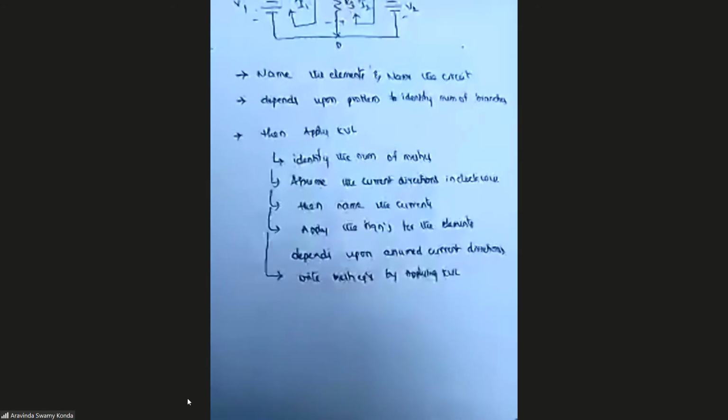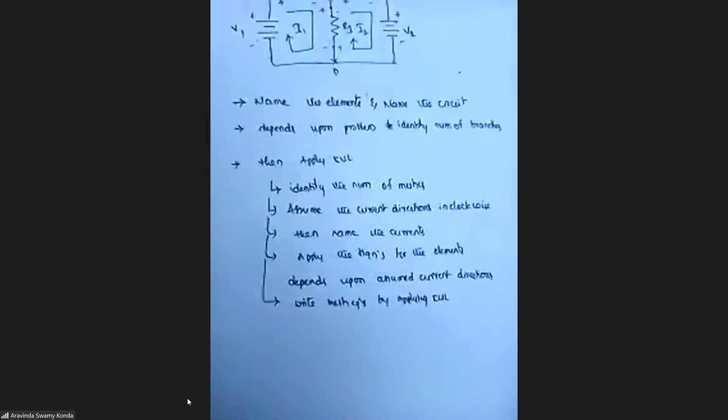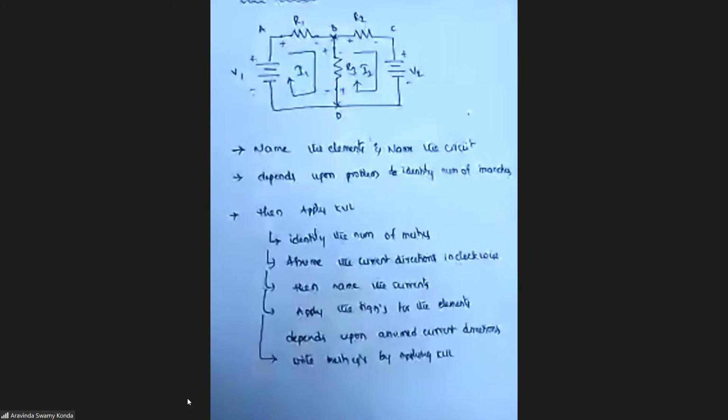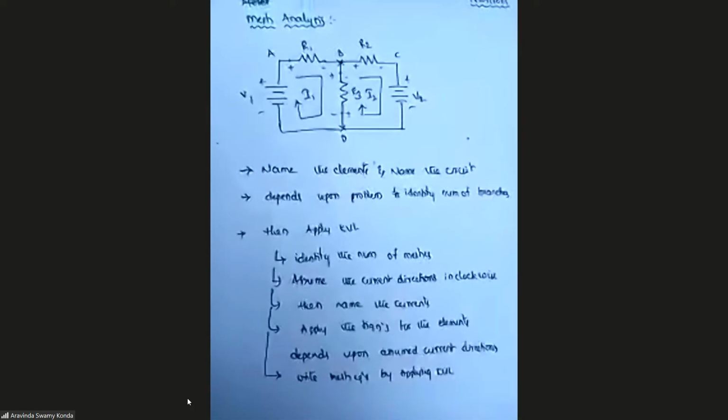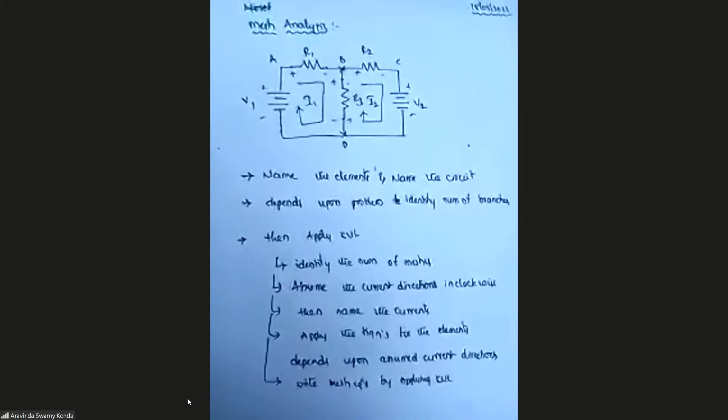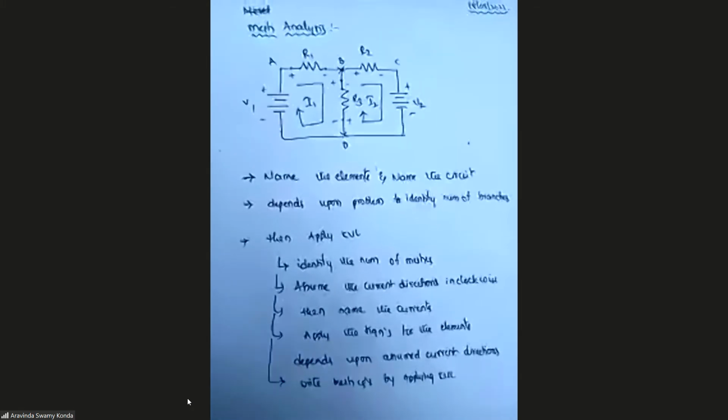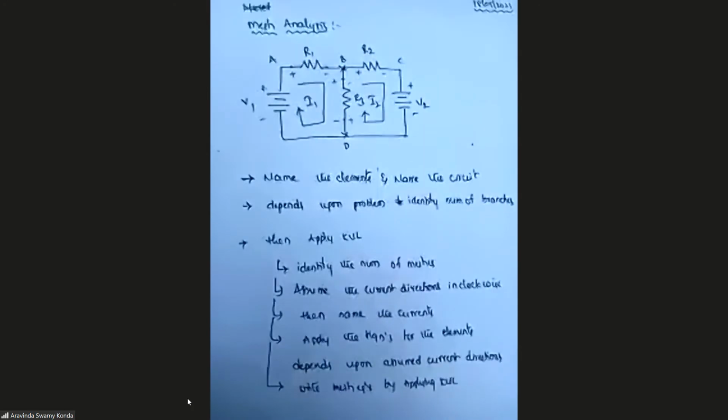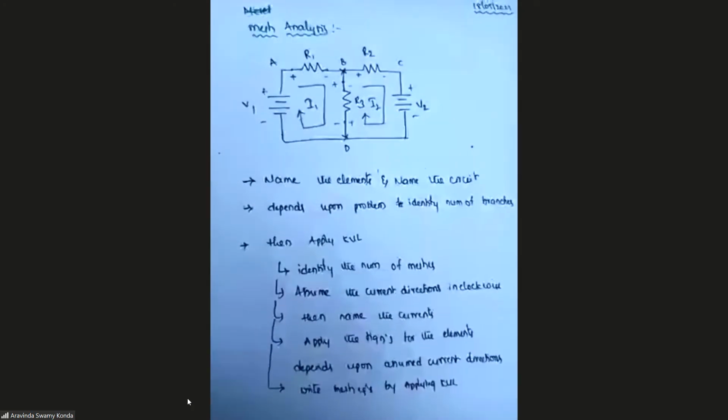You know the equations already, so I don't want to tell that again. For this mesh, how many elements and how many sources are there? For the first mesh, it has two elements and one source. The drop of R1 is VR1, the drop of R3 is VR3, and the source is V1.